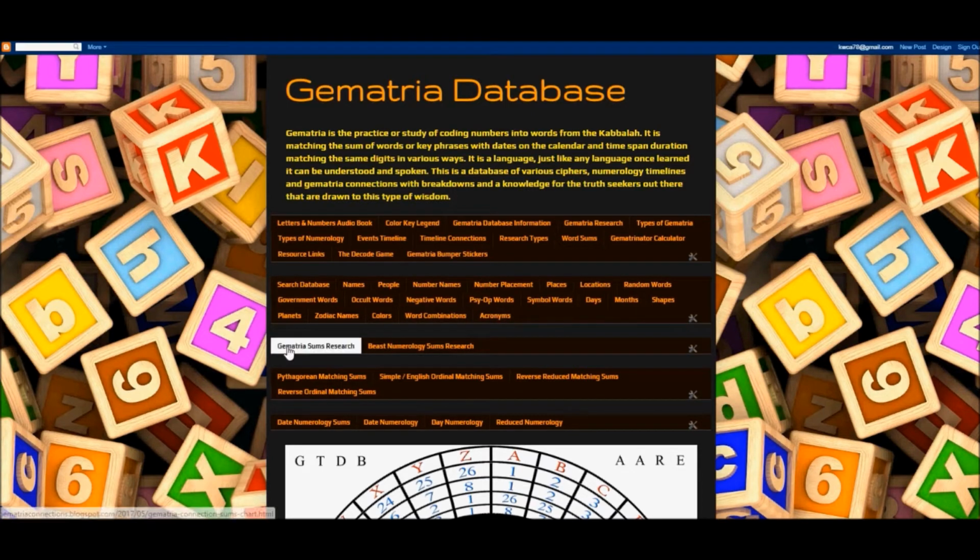And then you have gematria sums research, beast numerology sums research, the Pythagorean matching sums, simple English ordinal matching sums, reverse reduced matching sums, reverse ordinal matching sums, and then date numerology sums, date numerology, day numerology, and reduced numerology.